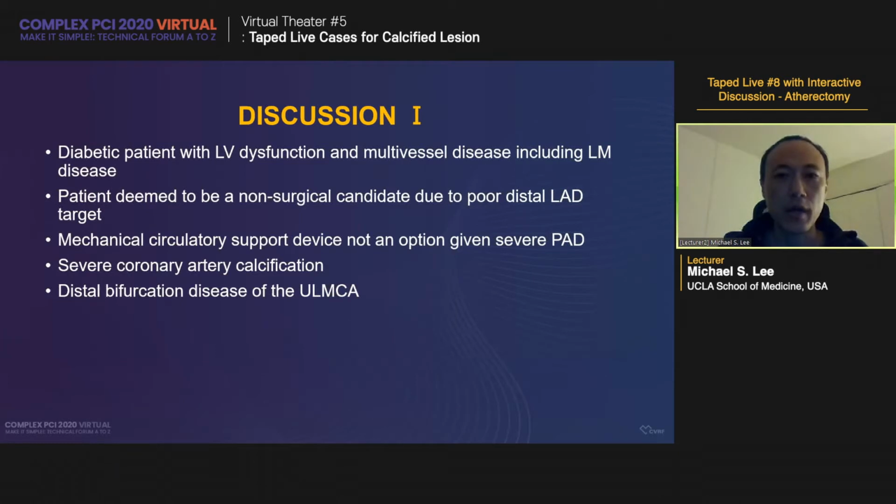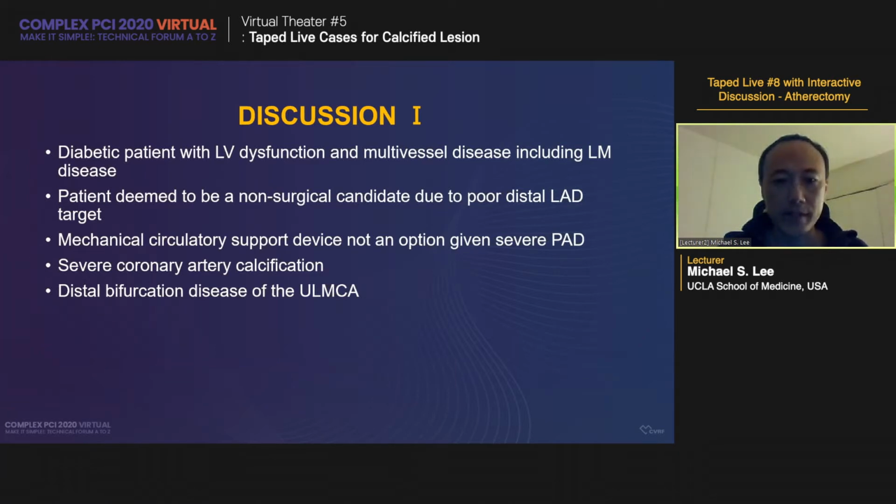He also had COPD, which they thought would make him a poor candidate for surgery post CABG. And the issue of mechanical circulatory support and complex coronary disease was not an option given severe PAD. And also the issue of addressing the distal left main that was severely calcified.